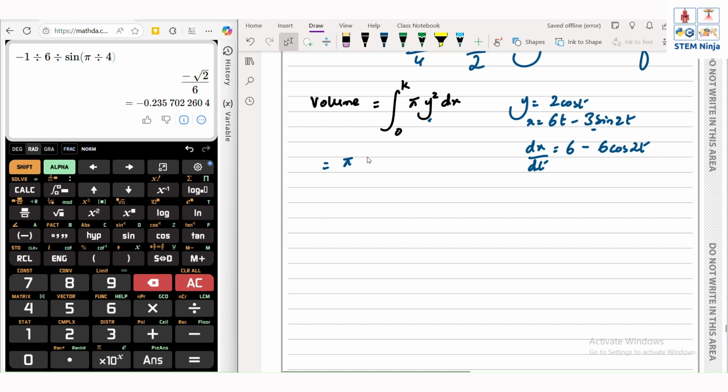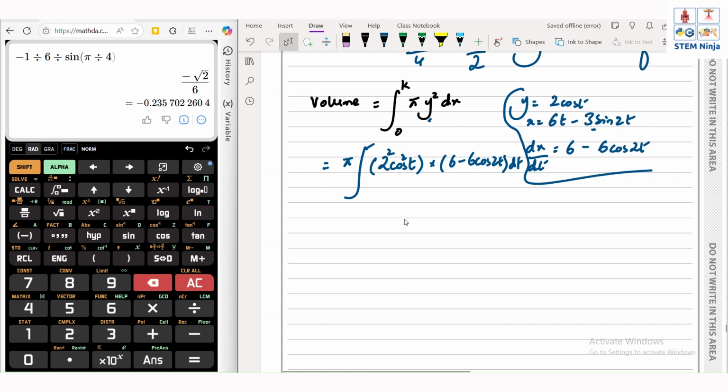So we have pi, y squared is 2 cos squared t, and dx is basically 6 minus 6 cos 2t dt.